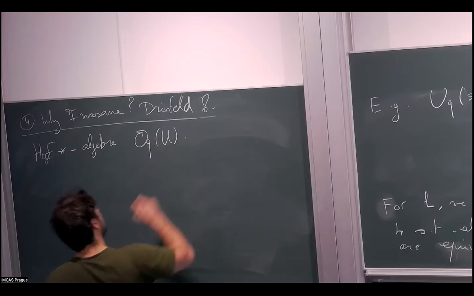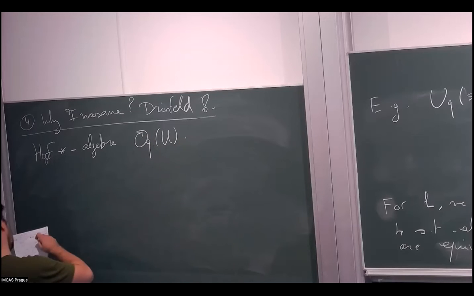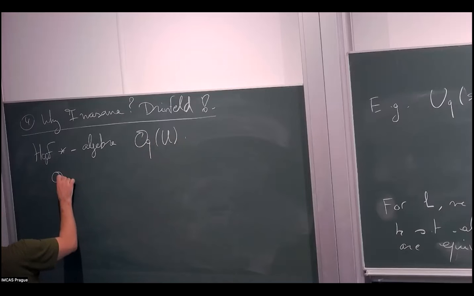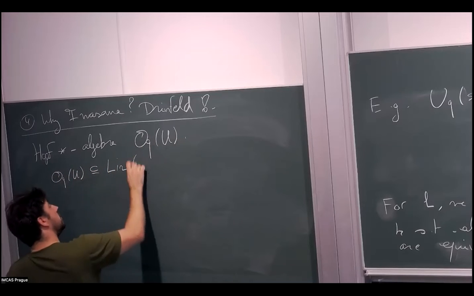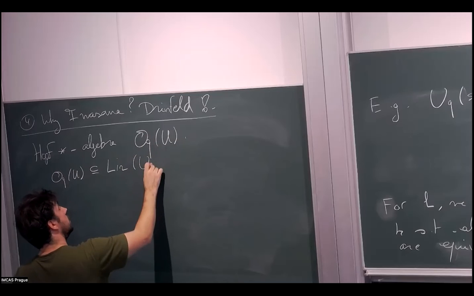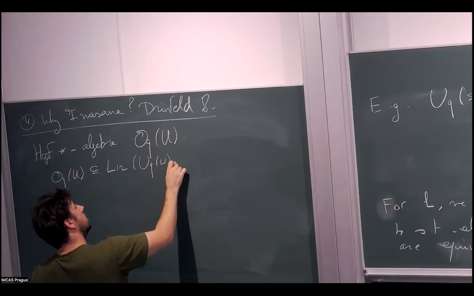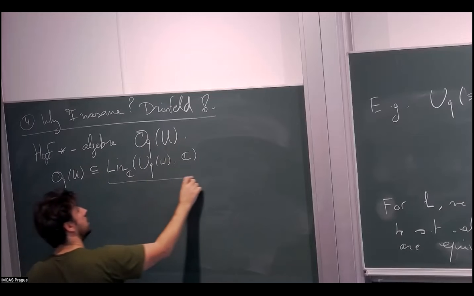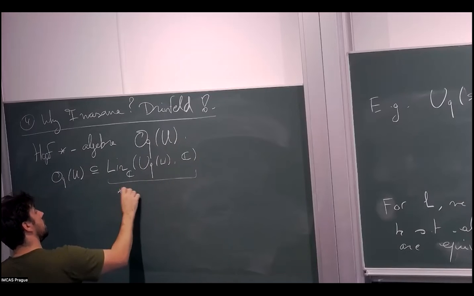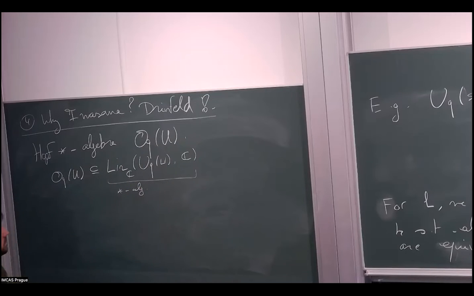Basically, I construct O_q(U) as a subalgebra of the linear maps from U_q(u) to the complex numbers. So this is actually a star algebra.